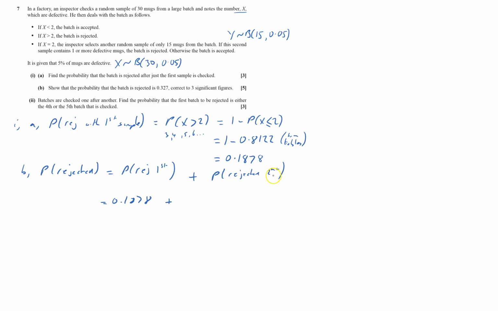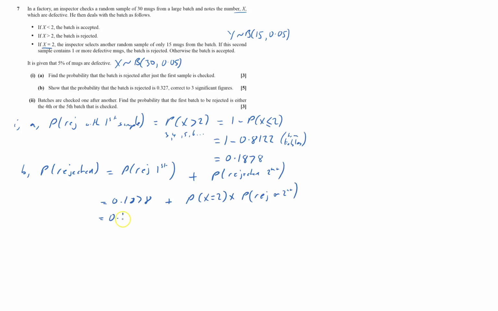Probability rejected on the second means it would have had to take a second chance, so that's the probability that X equals 2, times the probability it's rejected on the second.